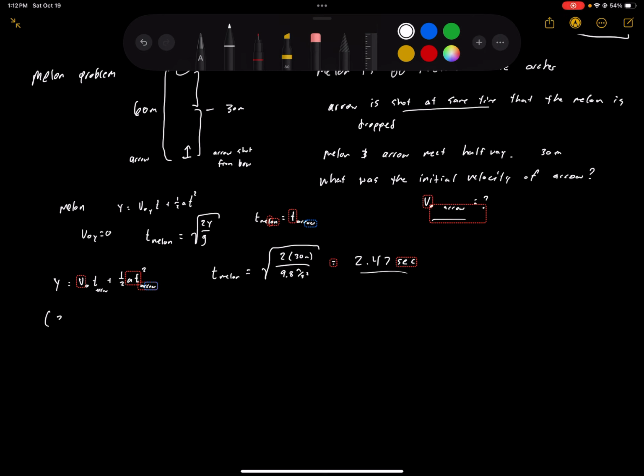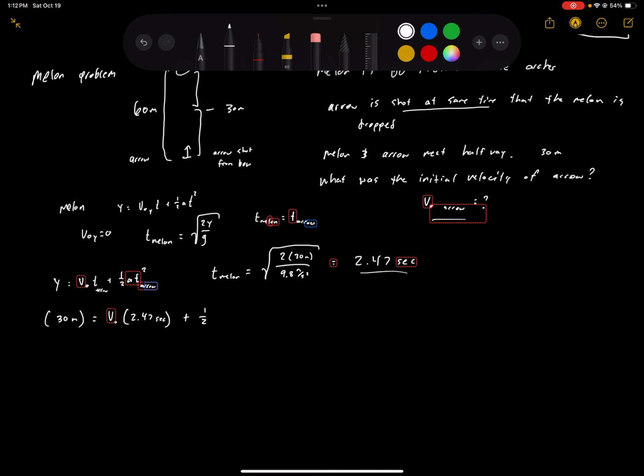We know that the arrow is going to move upwards 30 meters. And that equals the initial velocity of the arrow times the amount of time it takes, so 2.47 seconds, for the arrow to hit the melon. After 2.47 seconds of motion, that's when the two objects hit each other, plus 1/2 at squared.